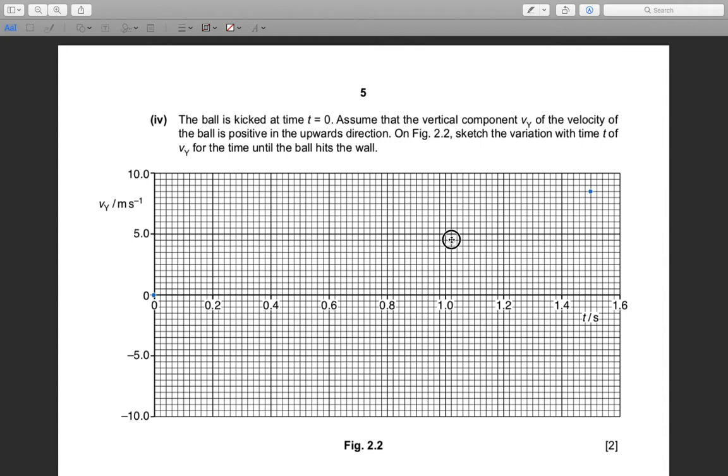Sorry, see the 0.87. Yes, maybe around there.